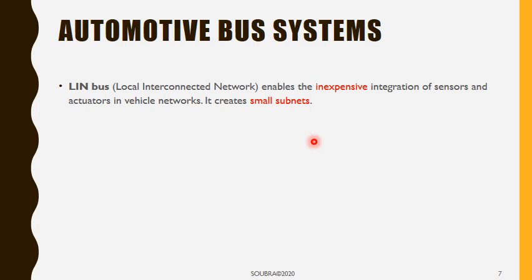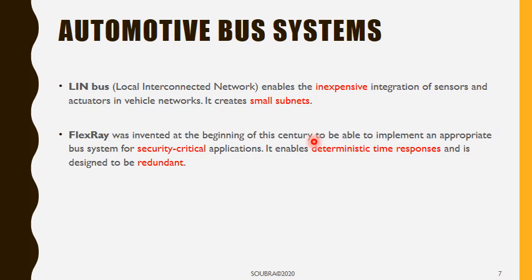And then this particular subnet can connect to the main bus of the car or another bus in the car using a gateway, for instance, right? So systematically from now on, whenever you think sensors and actuators, usually you connect them with a low speed, low cost LIN bus.